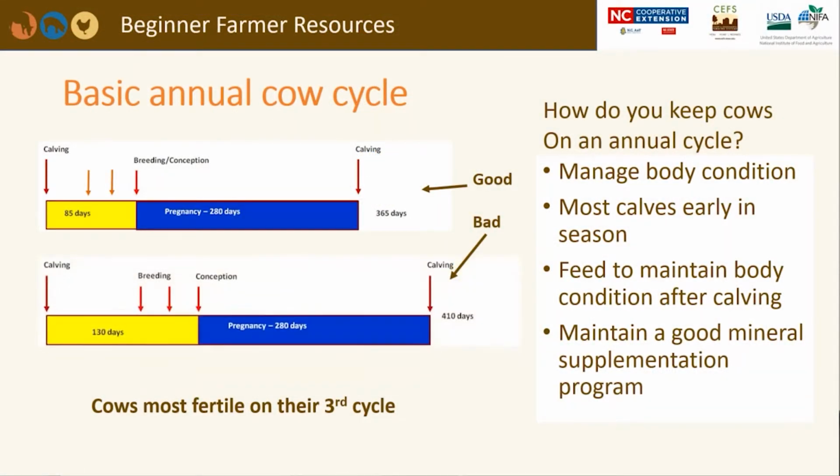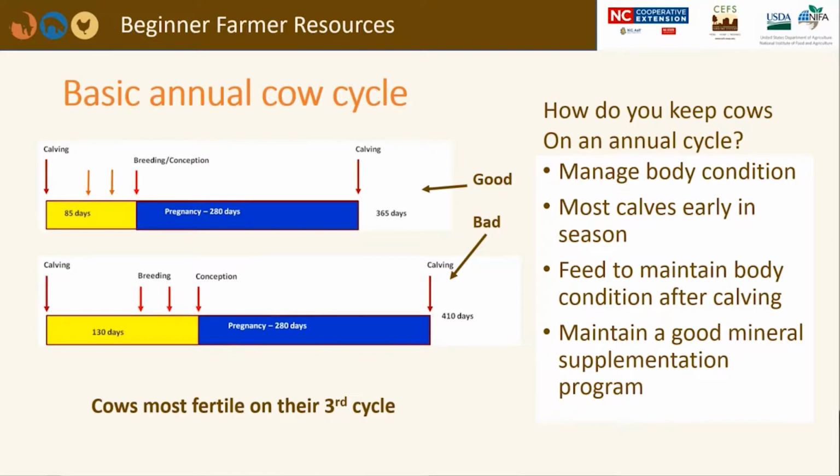In contrast to that, if we don't have a cow start cycling for quite some time, in this example 85 days after the bull is introduced, then they may not conceive until the third cycle after that, and that would put them on a much too long cycle to maintain their annual cycle.